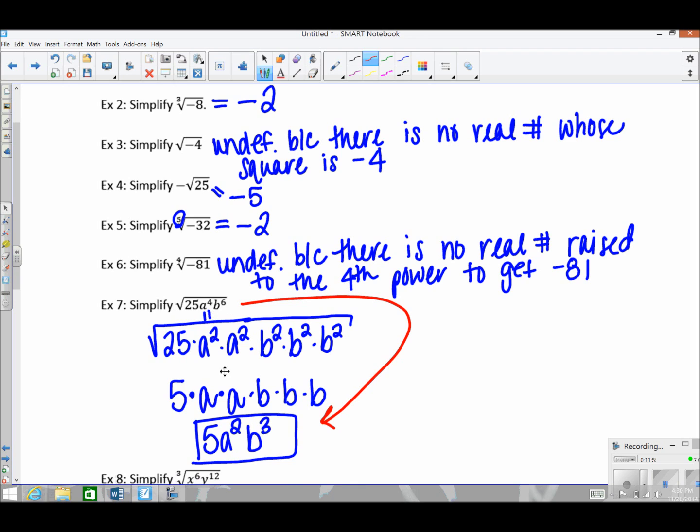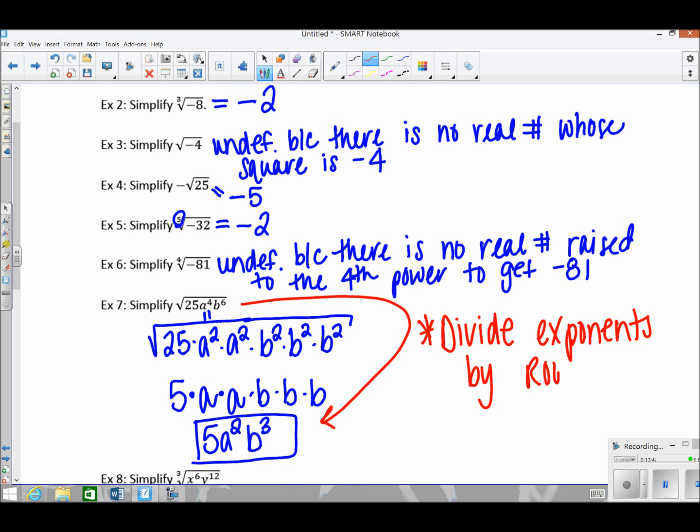So I just essentially divided those exponents by 2. So I'm just going to write that down as a rule. We're going to just divide exponents by whatever the root is. So square root, divide by 2; cube root, divide exponents by 3.